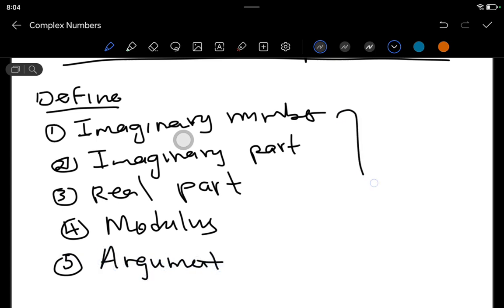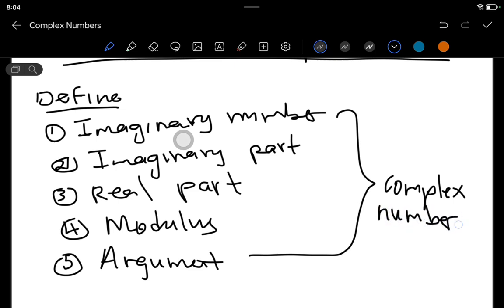All these come from a branch of a complex number, so we also need to define what a complex number is. In other words, these are going to define a complex number.